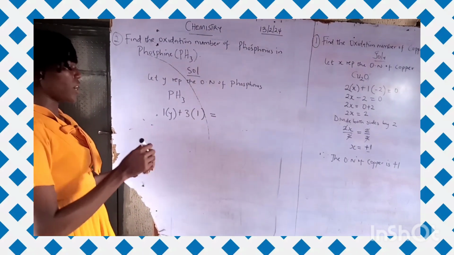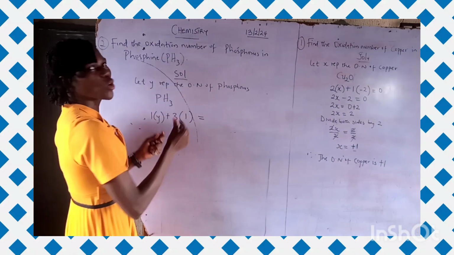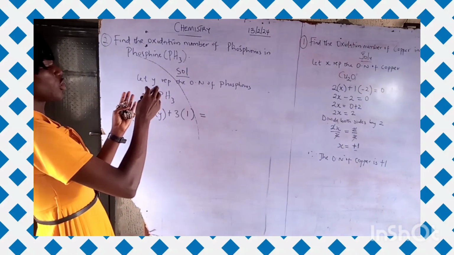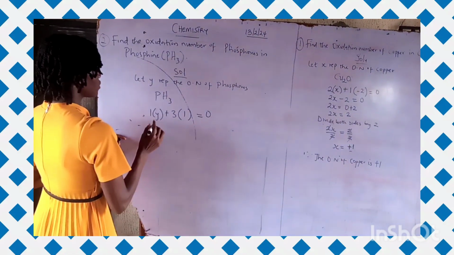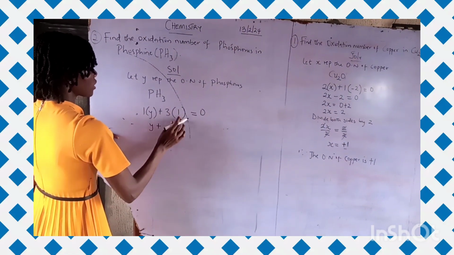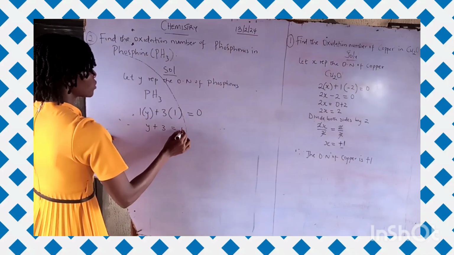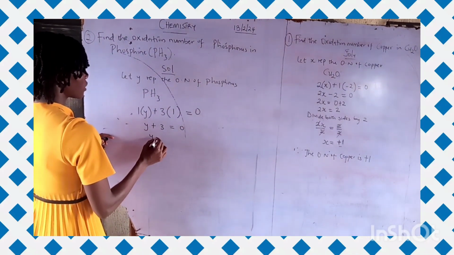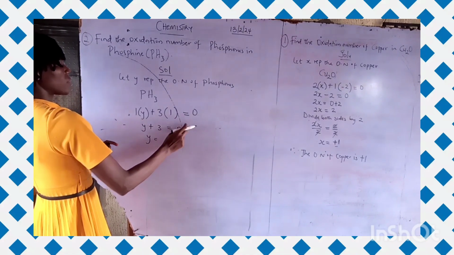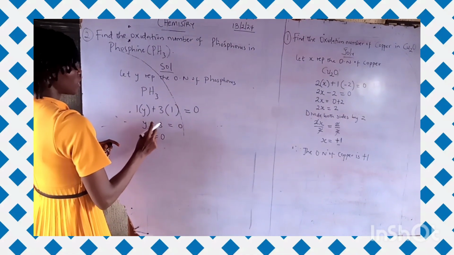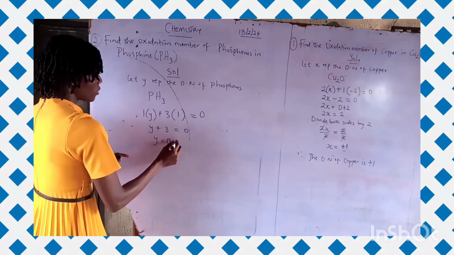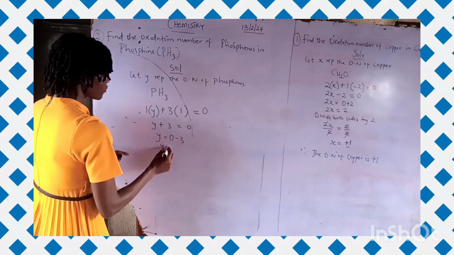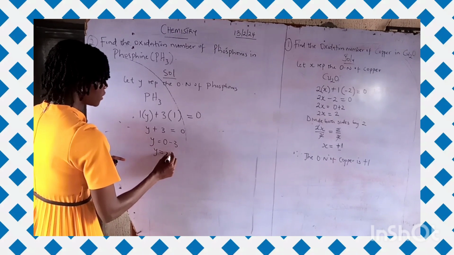I think it's rule 5 that says when you have a compound, the sum of the oxidation numbers is equal to 0. So we have 1 times y is y, plus 3 times 1 is 3, is equal to 0. So y is equal to, when this 3 crosses over, the positive sign will turn to a negative sign, so 0 minus 3. y is equal to minus 3.